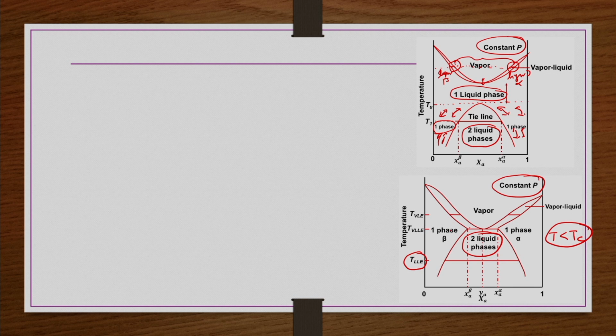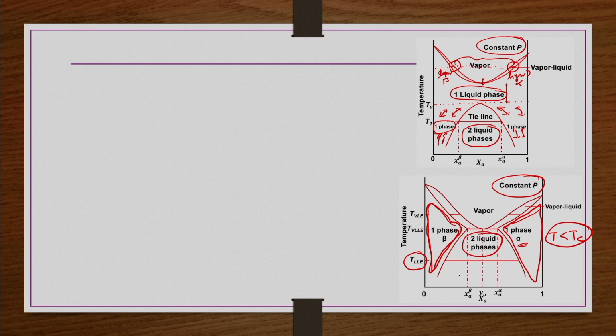So, now depending on the composition as well as the temperature, within this region we have a single liquid phase, which we call, let us say, beta. Similarly, within this region, depending on the temperature and composition, we can have one single phase liquid, that is alpha.